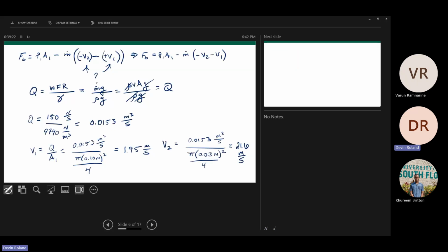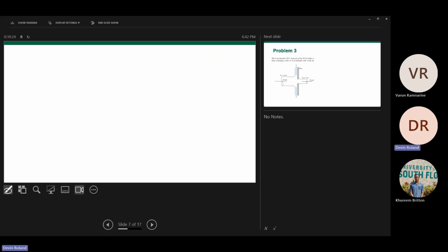So now, if we plug all that in, what we're going to get is FB equals 2.3 atmospheres times pi.